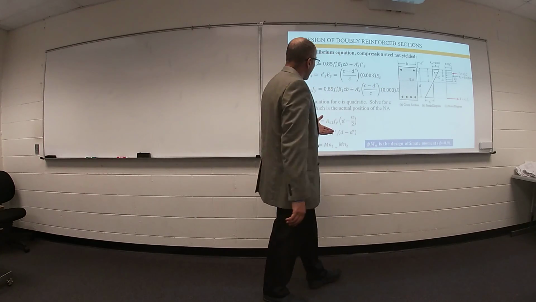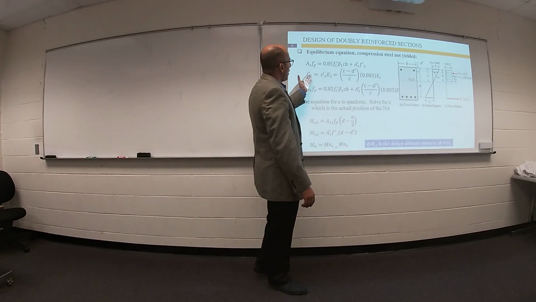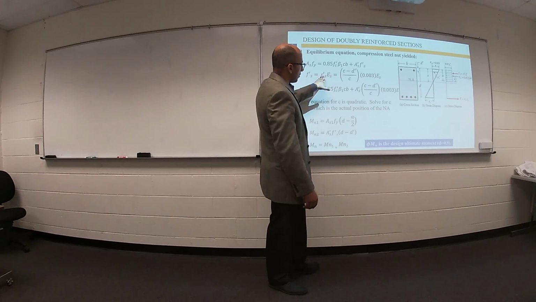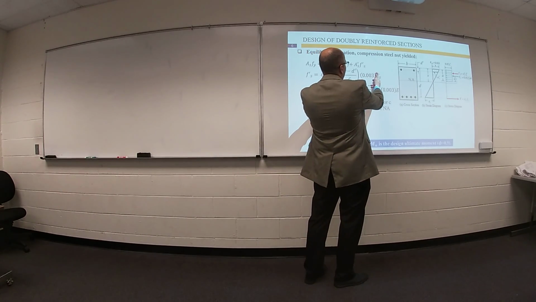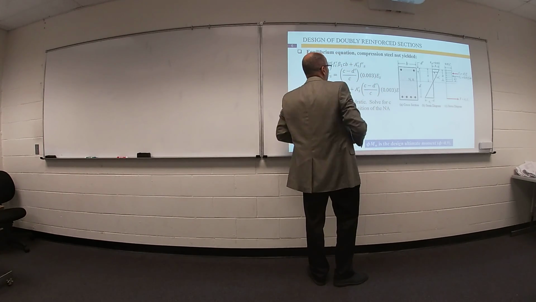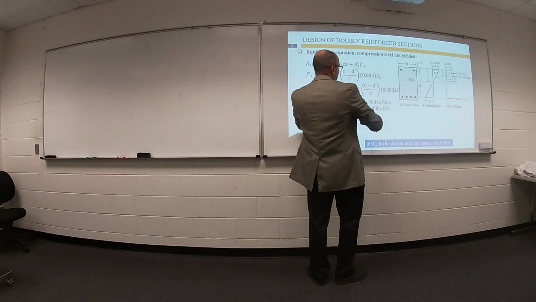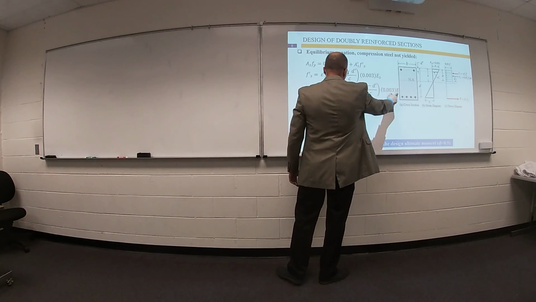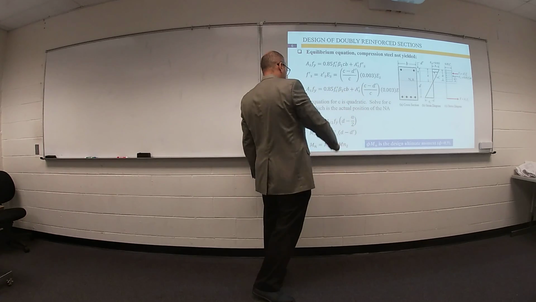To calculate your Fs, it equals epsilon steel prime times E steel. Epsilon steel prime from triangle similarity equals this value times E steel. Put this value instead of F steel. So the only unknown in your equilibrium equation is your distance C.